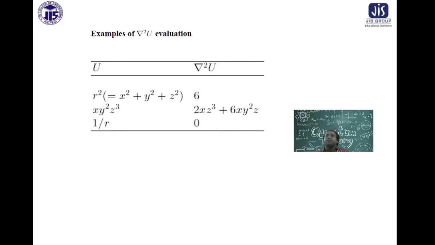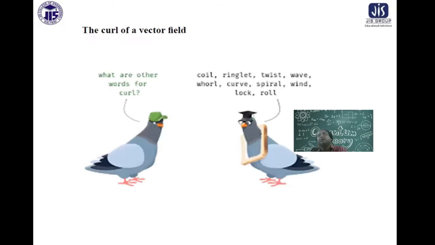The double derivative with respect to y gives you 2xz cube. And the double derivative with respect to z will give you 3 into 2, 6, z times x y square. And 1 by r is 0. You can understand these things are easy.